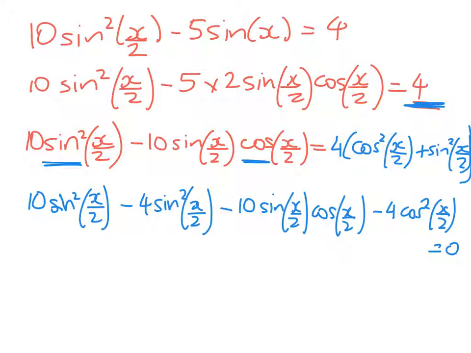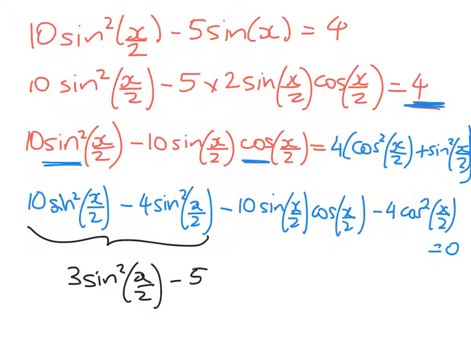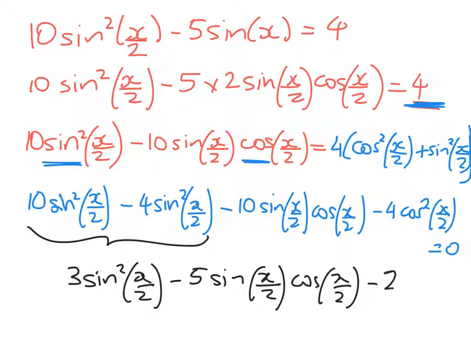Got a common factor in here of 2, so I'm going to knock that out, and I'm going to combine these together. So we've got 6 sine squared x on 2, so that's 3, dividing everything through by 2, 3 sine squared x on 2 minus 5 sine of x on 2 cos of x on 2 minus 2 cos squared of x on 2, and that equals 0.